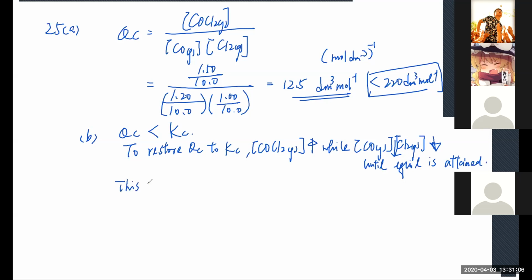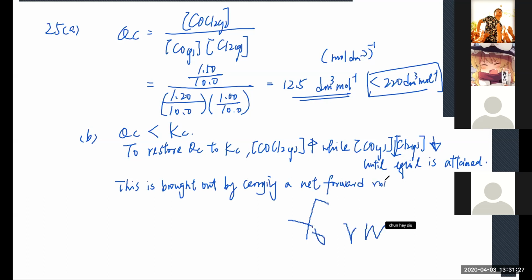This is brought about by carrying out a net forward reaction. Net forward reaction. So you turn to the questions. You are going to refer to the questions, whether the forward reaction or the backward reaction rate is greater.